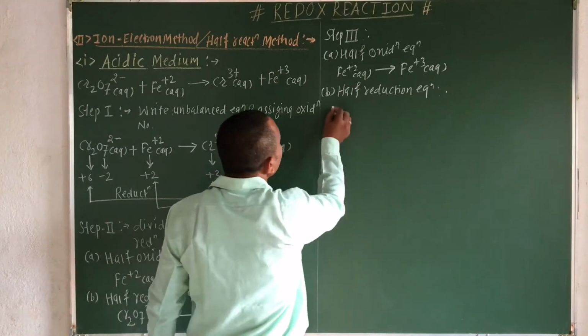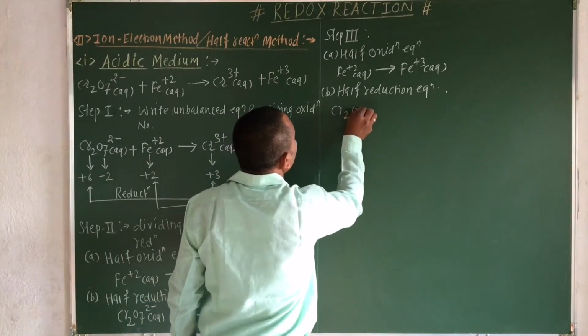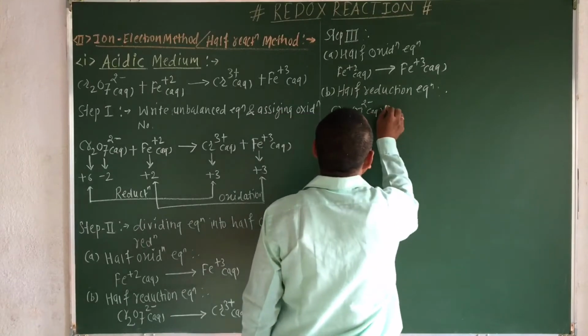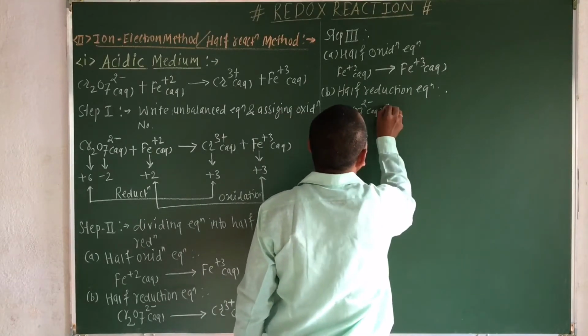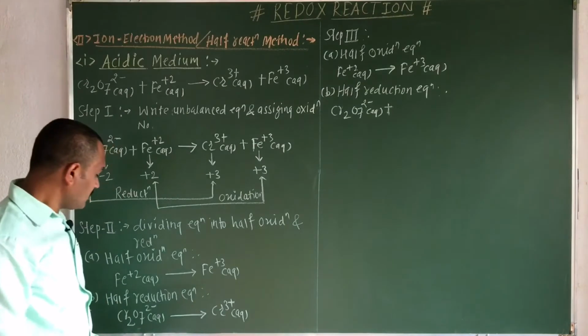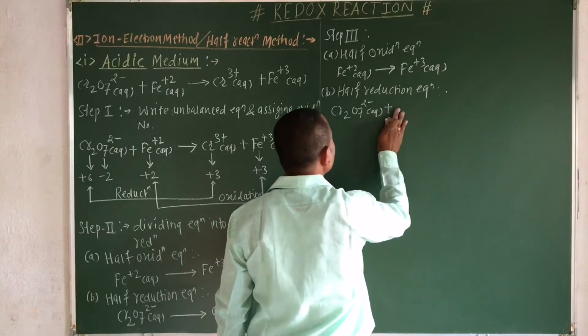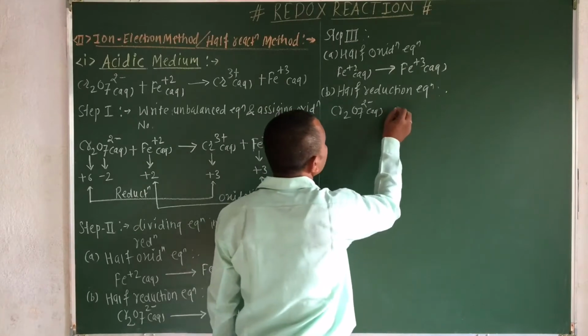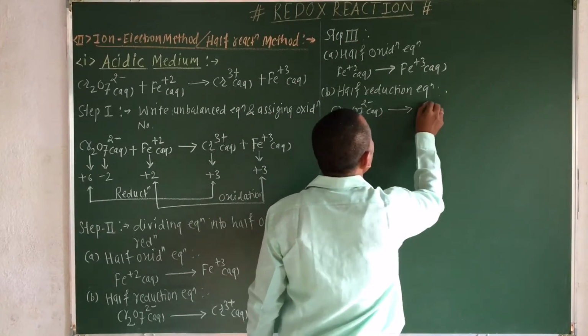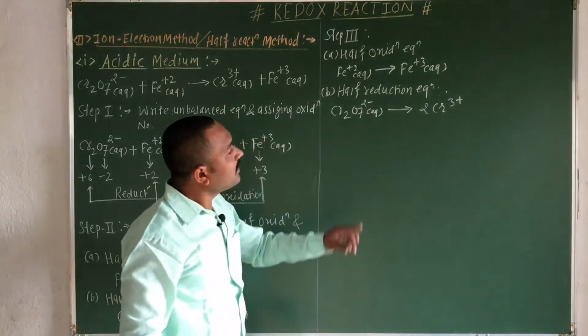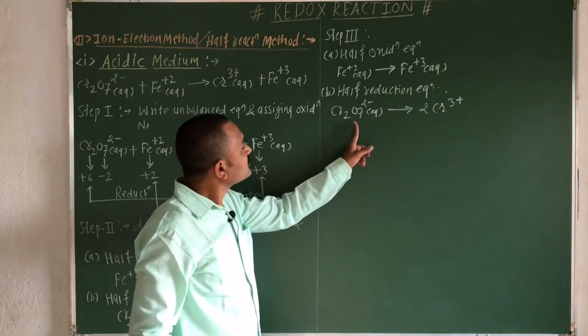So this equation will be modified as Cr2O7 2- aqueous gives 2 Cr3+. Now how many oxygen atoms are there? 7.